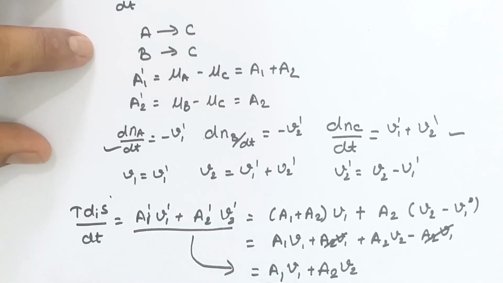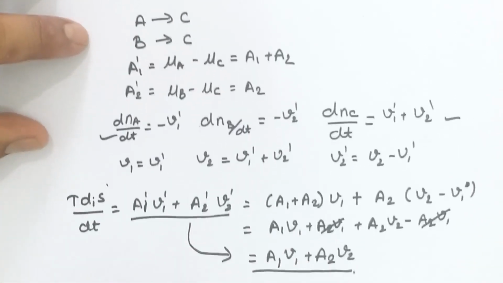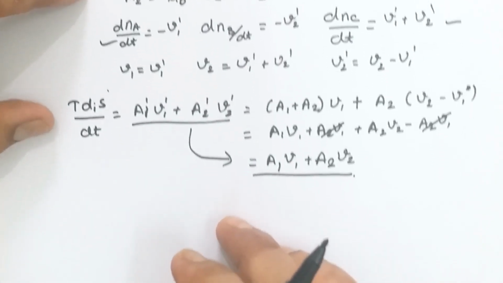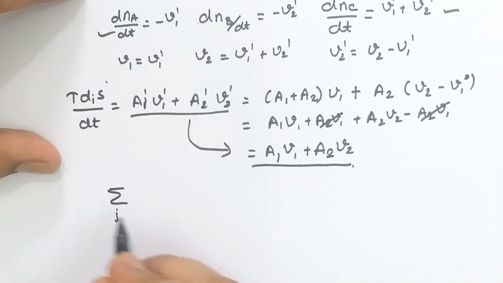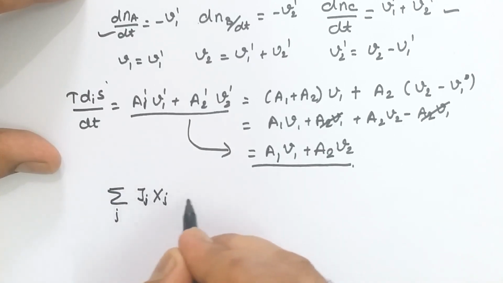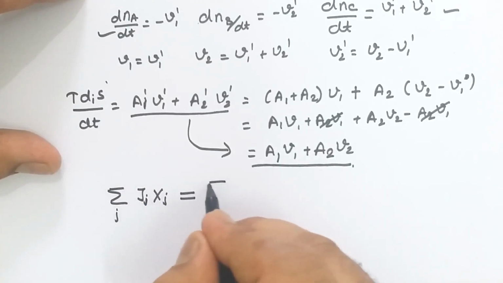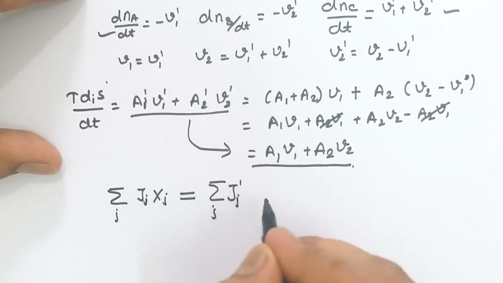Okay, so hence irrespective of the path we are taking, the values of the forces and the fluxes will be the same, and thus we can generalize this as summation over j of Jj into Xj is equal to summation over j of J prime j into X prime j.